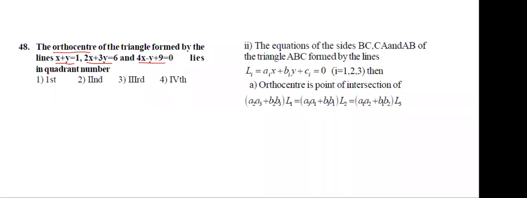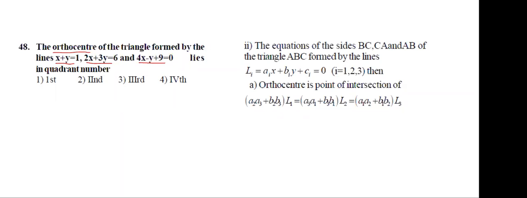See, the equations of the sides BC, CA, and AB of the triangle ABC formed by the lines A1x plus B1y plus C1 is equal to 0, A2x plus B2y plus C2 is equal to 0, A3x plus B3y plus C3 is equal to 0.